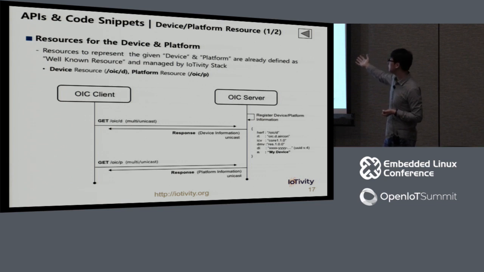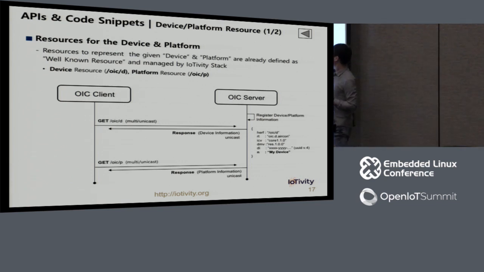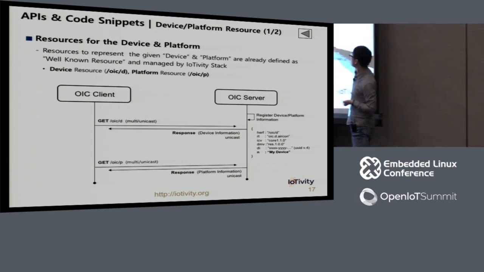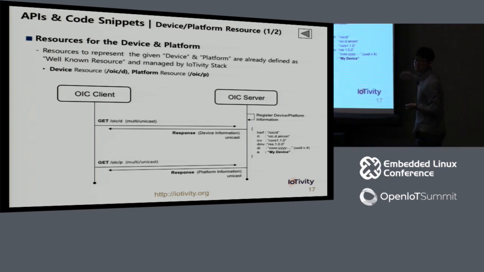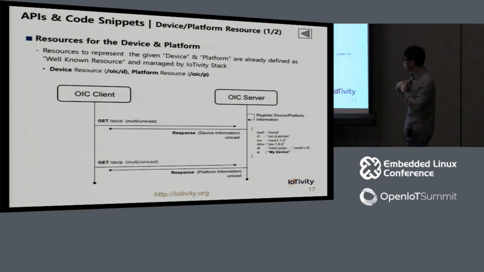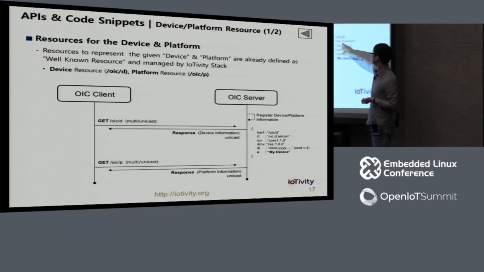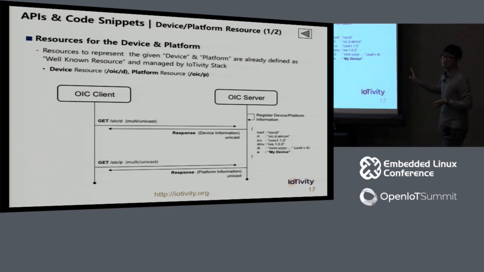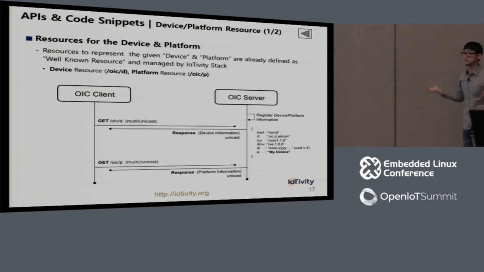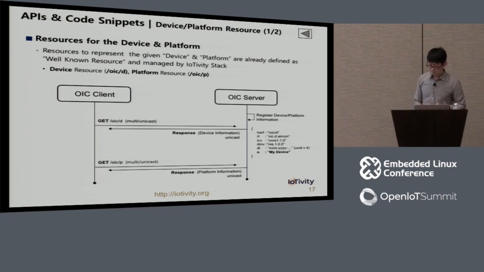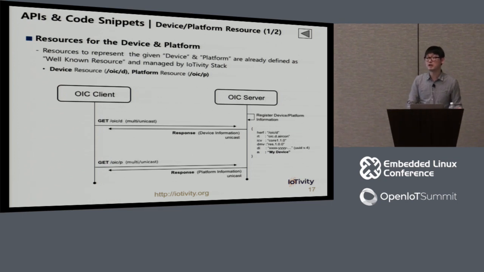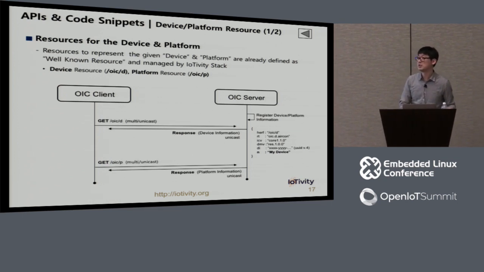If it's an air conditioner, it will respond with oic.d.airconditioner. If it's a washer, then it will respond with oic.d.washer. So now you know what kind of devices are on the network. You could do the same thing to discover what kind of platforms, and what devices made by some specific companies, are on the network.